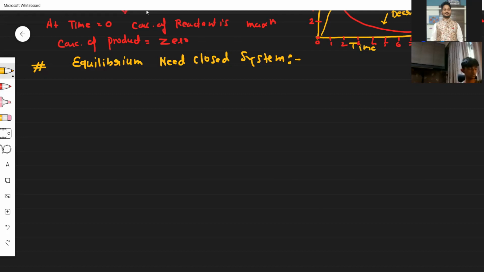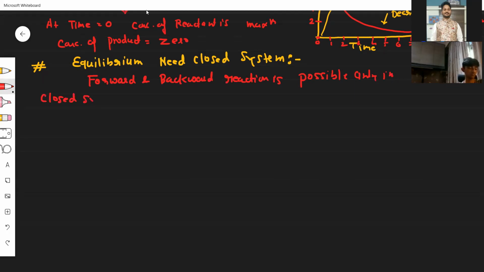Forward and backward reaction is possible only in a closed system.